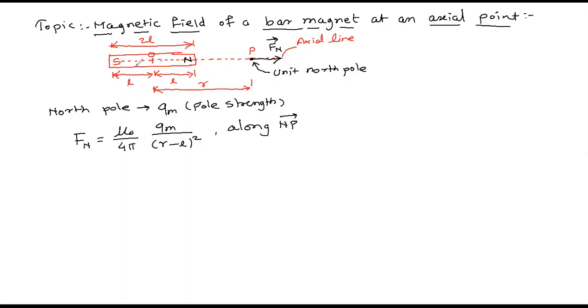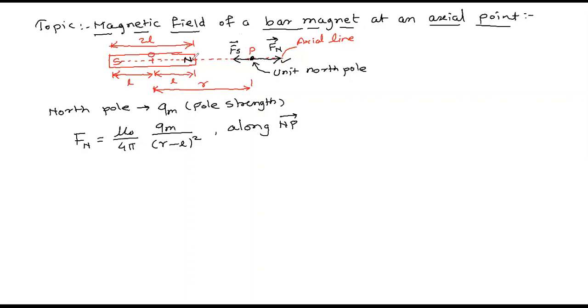And similarly, the force exerted by the south pole on this unit north pole, since there will be attraction between the unit north pole and the south pole, will be in this particular direction. This is nothing but Fs. So Fn and Fs are the two forces acting at point P in opposite directions. The north pole repels the unit north pole in this direction, and the south pole attracts it in this direction.